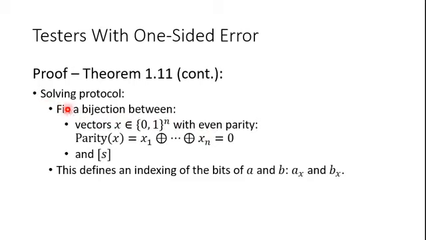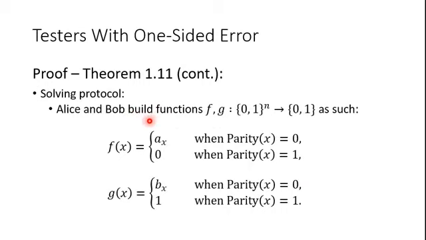So how will they solve this? We will fix the bijection between the vectors x in {0,1}^n that have even parity and the indices 1 through s. So notice that this defines an indexing of the bits of a and b, again because x, in case it's even parity, maps us to a specific index in a, and the same for b.